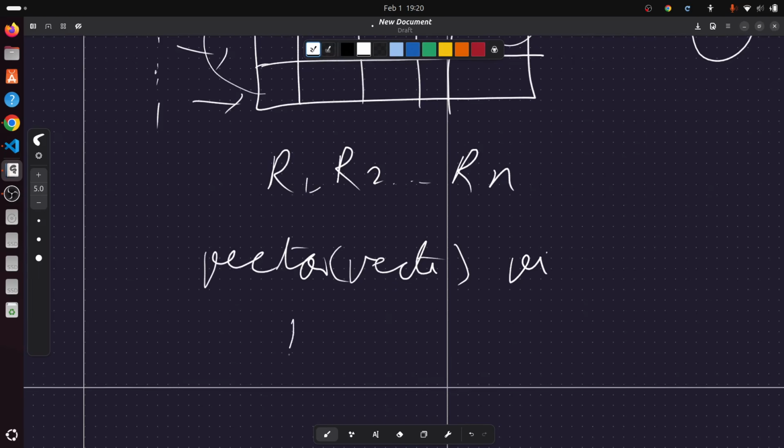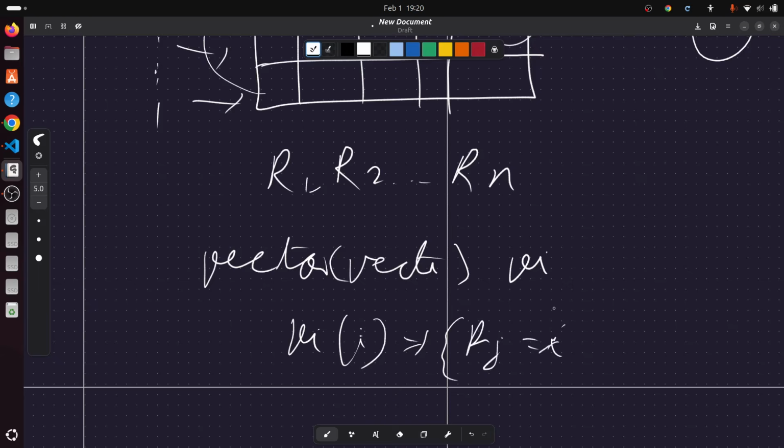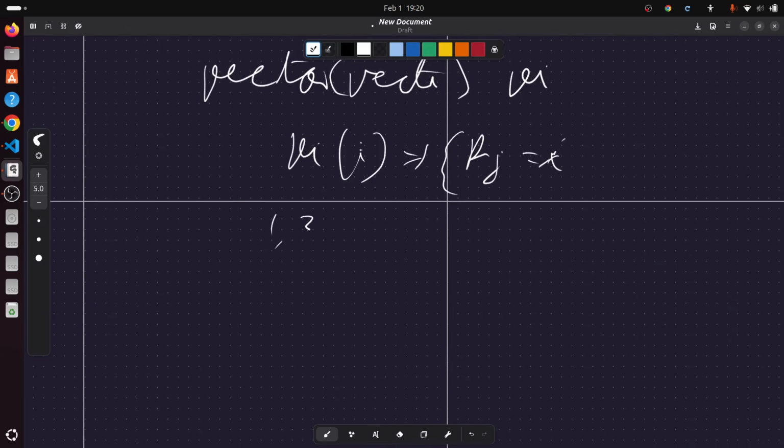So what I store is that vi of I is a vector containing all the columns, like all indices j such that rj is equal to I. Basically let's say we have 1 3 2 3 and 2, so I'll index this 0 1 2 3 4.